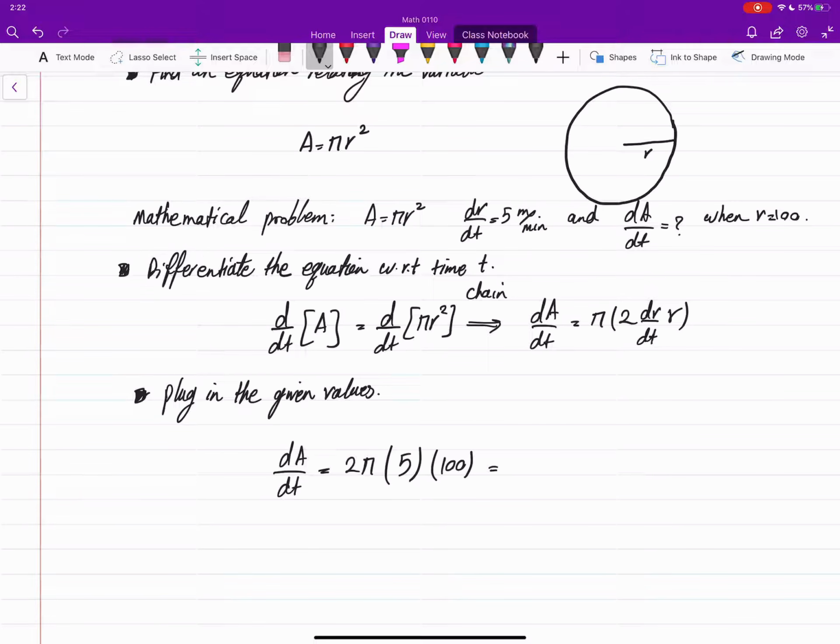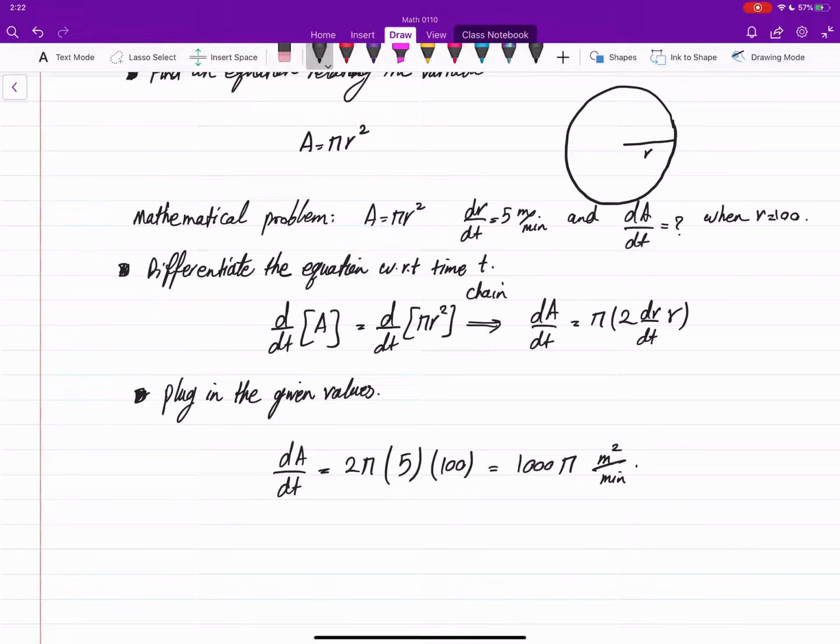This will give us 1,000 pi. Sorry, it's not 2,000, this is 1,000 pi. And for the unit, just multiply the units that you have. This will be square meters per minute.